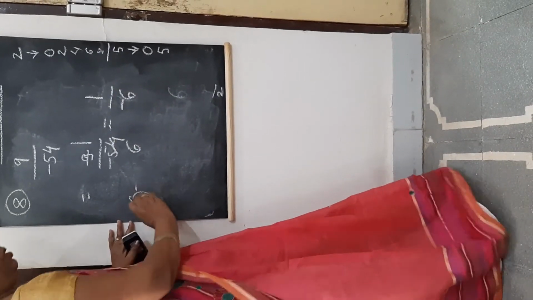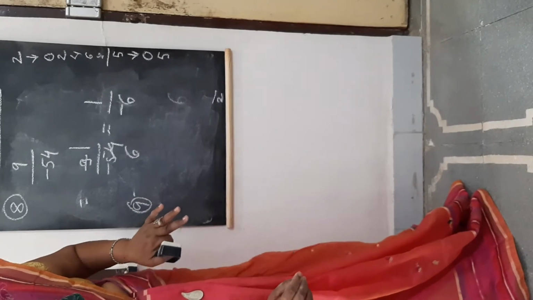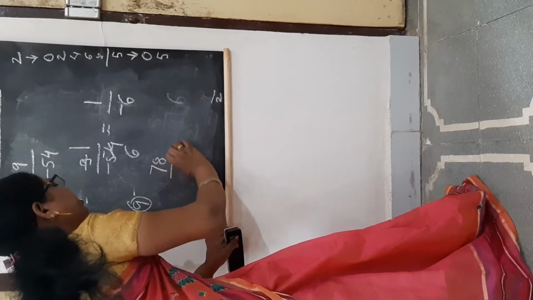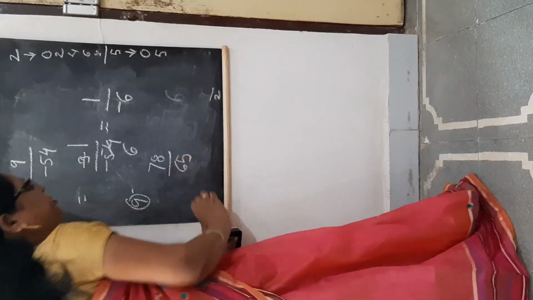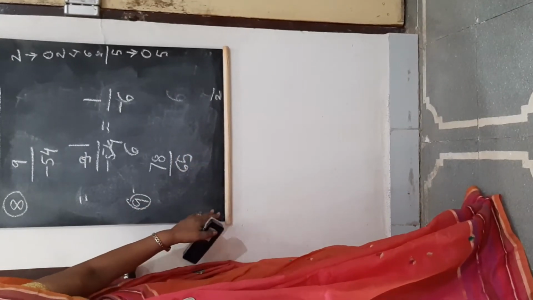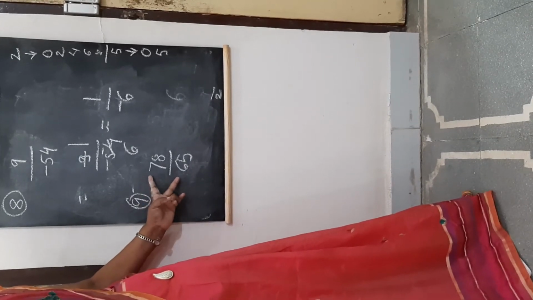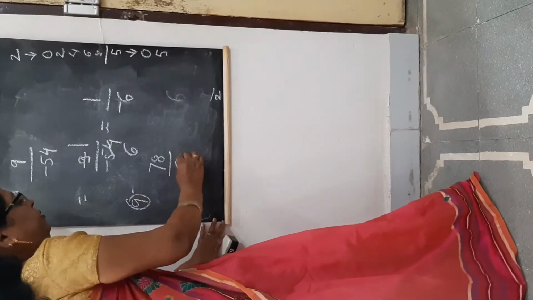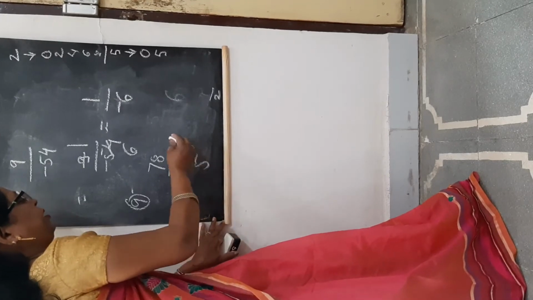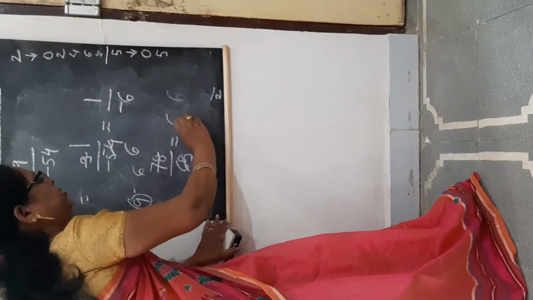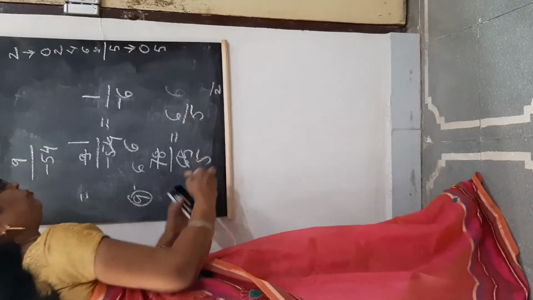Ninth example, 78 divided by 65. Here you see both numbers are from 13's table. So 13 fives are 65 and 13 sixes are 78. So the answer is 6 upon 5.